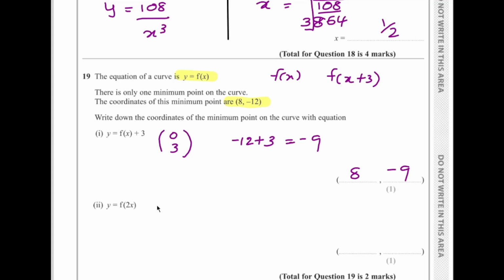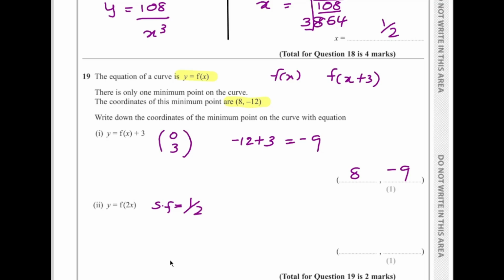If it is 2x, the scale factor would be half. Then all the x coordinates are to be multiplied by half. Always remember, for the x coordinates we need to apply the opposite. If it is multiplication, you have to divide. If it is addition, you have to subtract. That's the thing for the x coordinate.